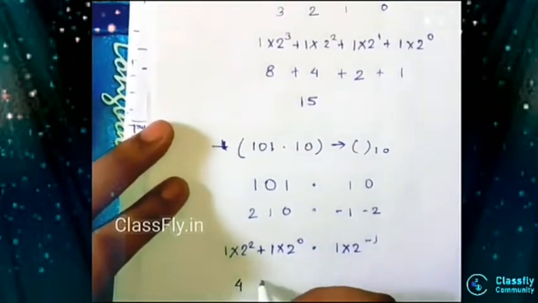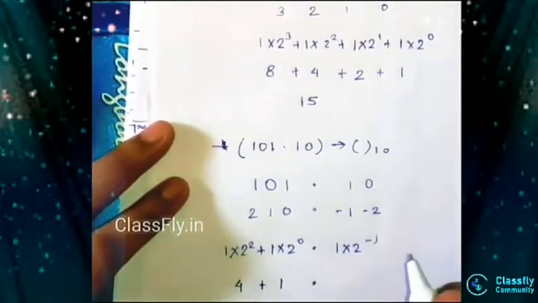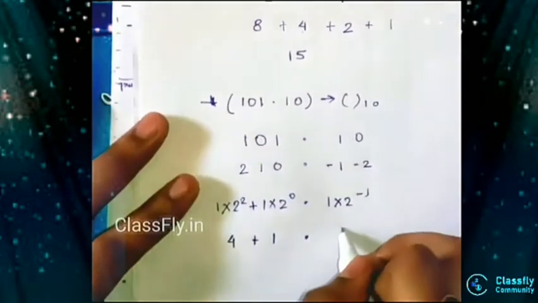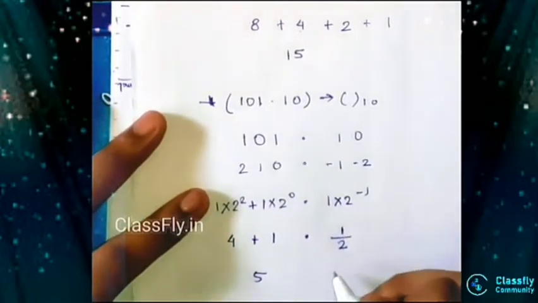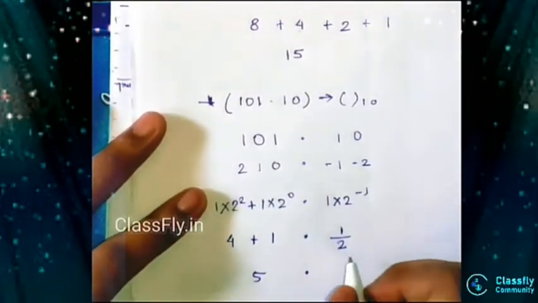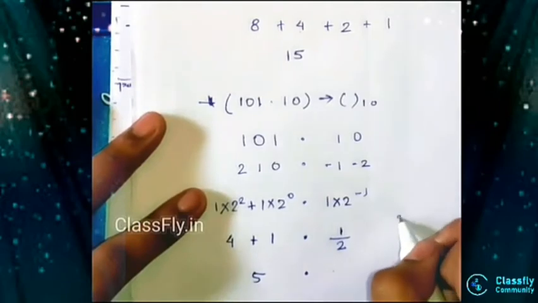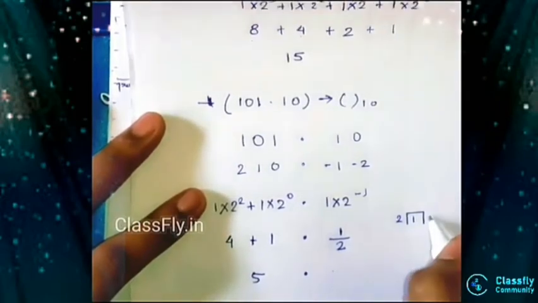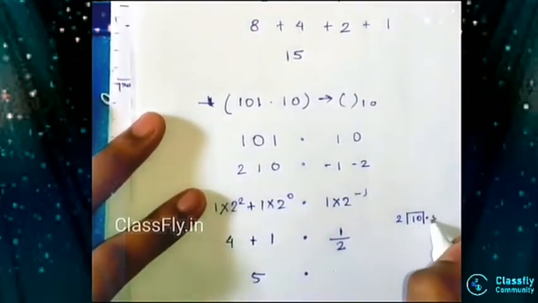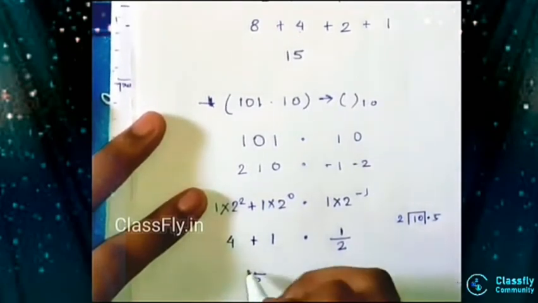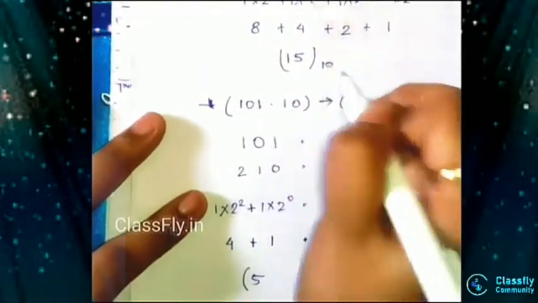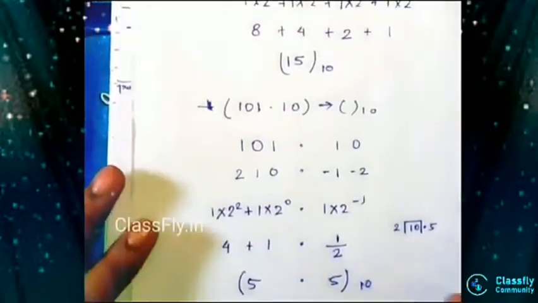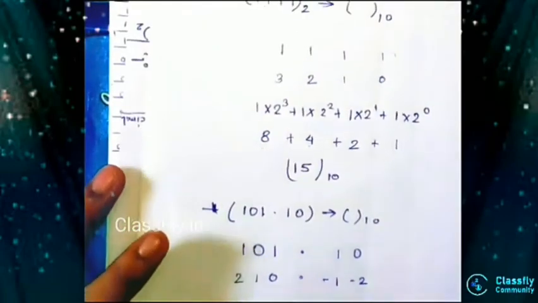So it's 4 plus 1 plus 1 by 2. 4 plus 1 is 5. 1 by 2 is how much? 0.5. We know that it is 0.5. So the answer is 5.5, right? This is our answer. Like this, we will solve binary to decimal.